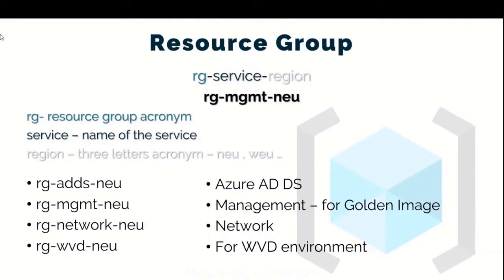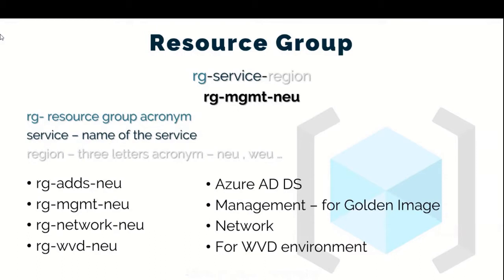I will have 4 resource groups, which is RG-ADDS-NEU, and the same for the management, network and WVD. So here is the very small naming convention that I'm using at this moment. RG is the acronym for resource group, then there is a service name, and then a 3-letter acronym for the region.